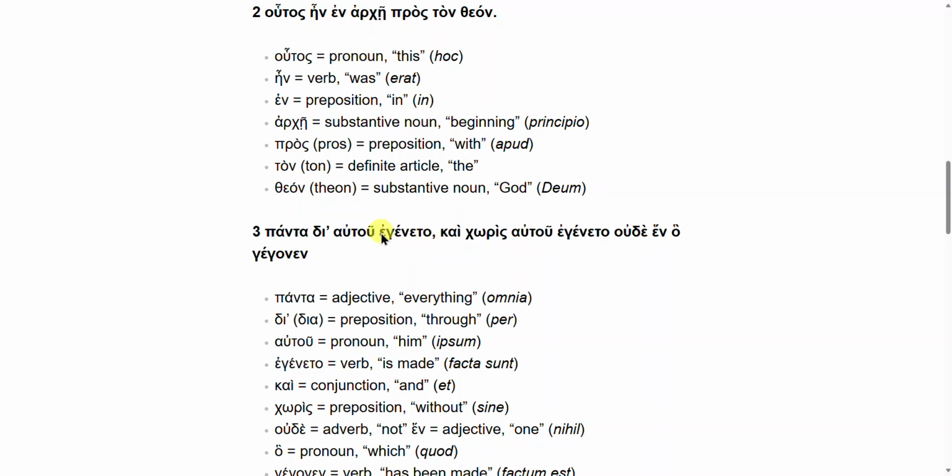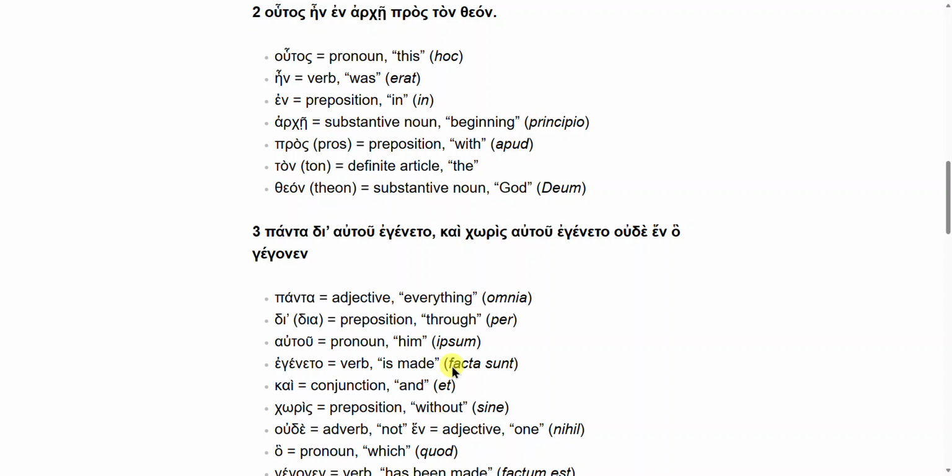Notice the soft breathing over the first epsilon and the acute accent mark on the second epsilon. Egeneto. In the exposition, we see that egeneto is a verb, and that one word in Greek, this is significant, St. Jerome translated with two Latin words.